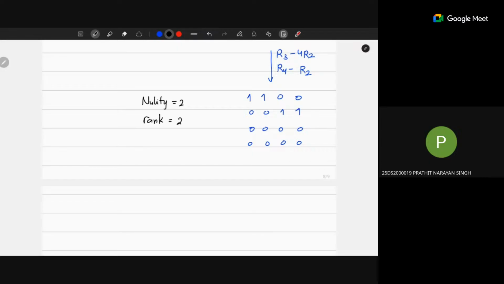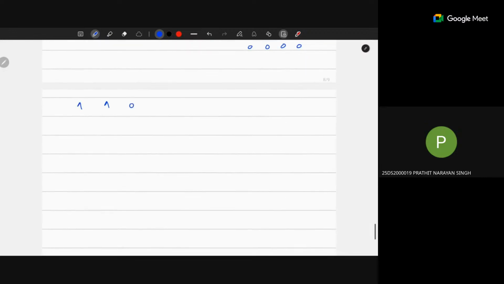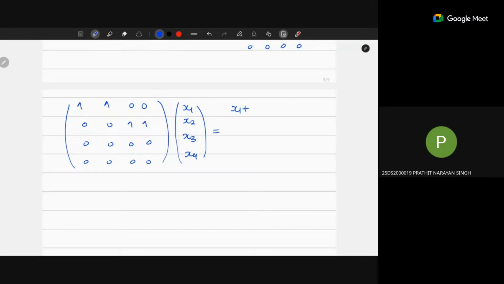Now let's find the null space. For the null space, we just need to write down the operation that we get. If I multiply it with x1, x2, x3, x4, what do I get? x1 plus x2 equals 0, and x3 plus x4 equals 0, and 0 0.